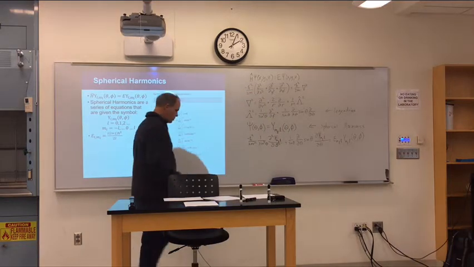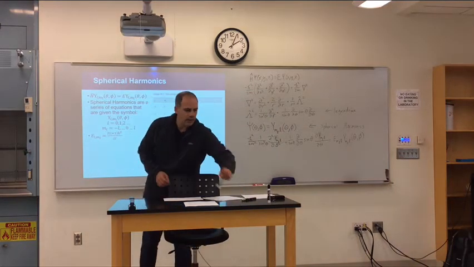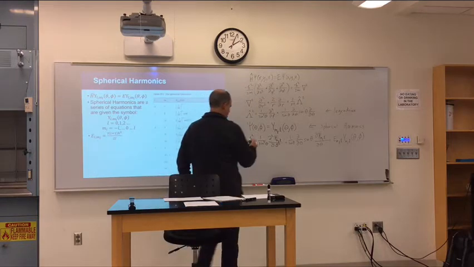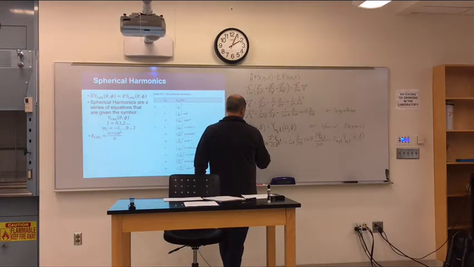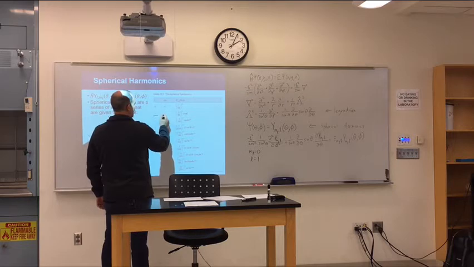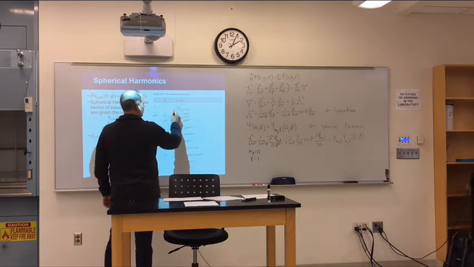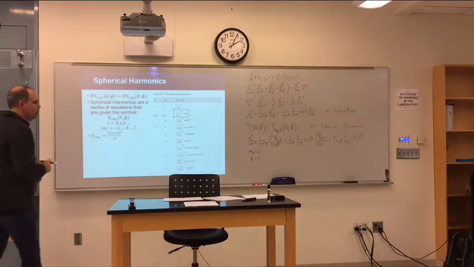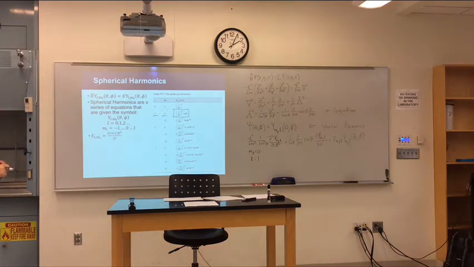So, if I said ML equals 0 and L equals 1, you look here, L equal to 1, ML equals 0, and that would be your wave equation: the square root of 3 over 4 pi times cosine of theta.